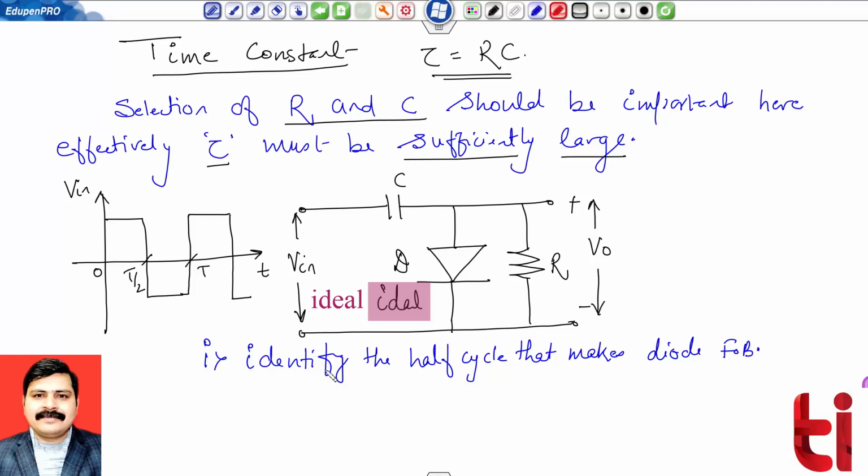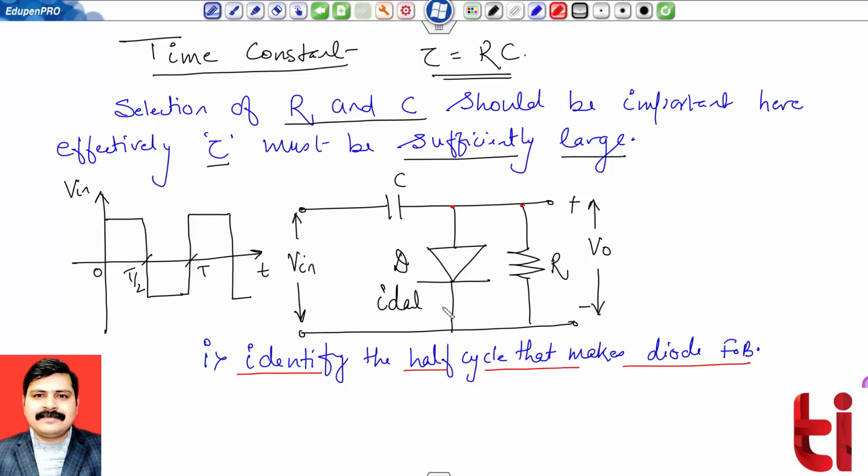This is very interesting. In the very first step, we have to identify the half cycle, either the positive half cycle or the negative half cycle. If you recall, in the case of the clipper circuit, whatever the input signal given, we were starting directly from that. But over here, we have to smartly choose the half cycle that makes the diode forward biased, because the aim here is the charging of this capacitor. There are two paths for the charging of this capacitor.